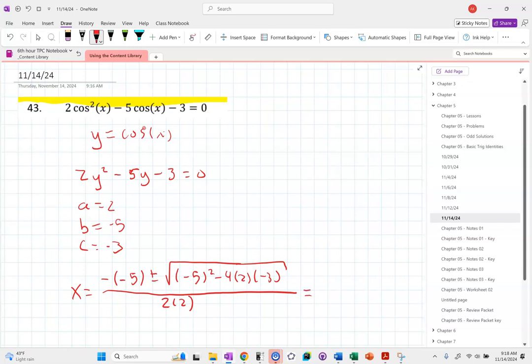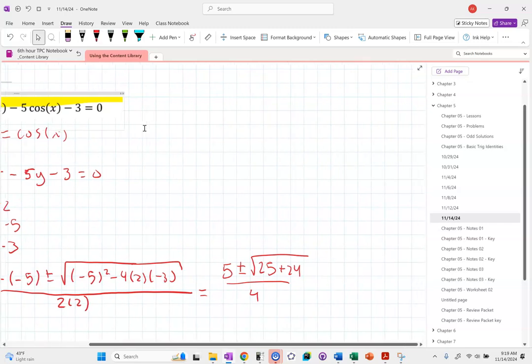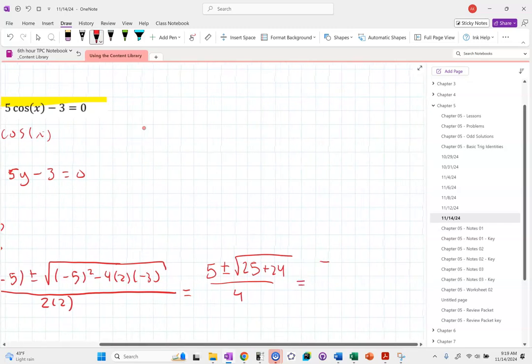So negative of negative 5 is 5. Negative 5 squared is 25. Negative 4 times 2 times negative 3 is 24. 24 plus 25 is 49.